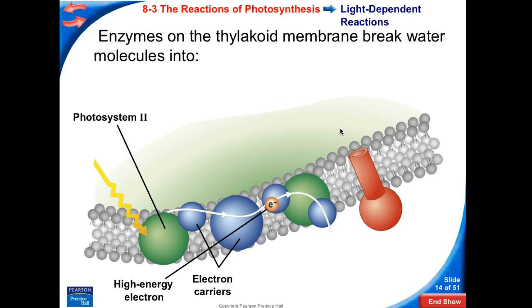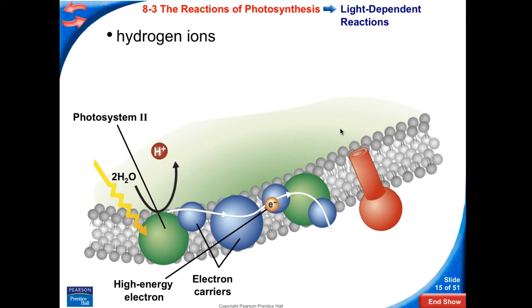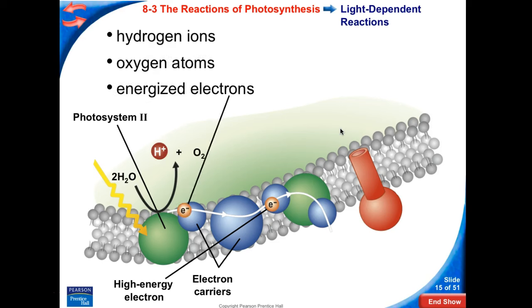The enzymes on the thylakoid membrane break water into hydrogen ions, oxygen atoms, and energized electrons. So that's where the electrons for this reaction come from. It comes from the splitting of water. And we also get our byproduct there, known as oxygen gas.